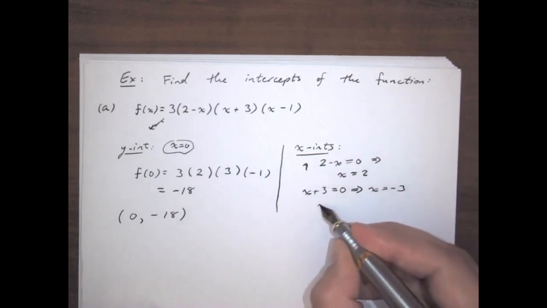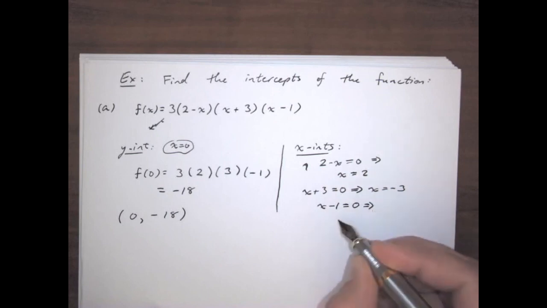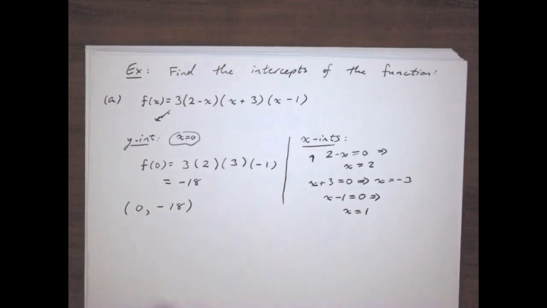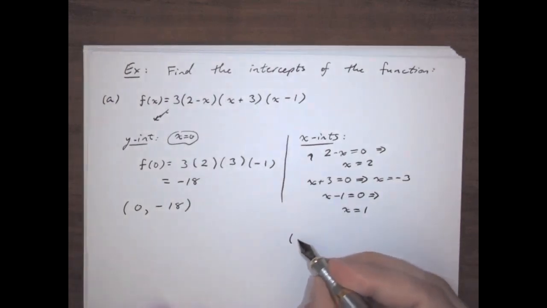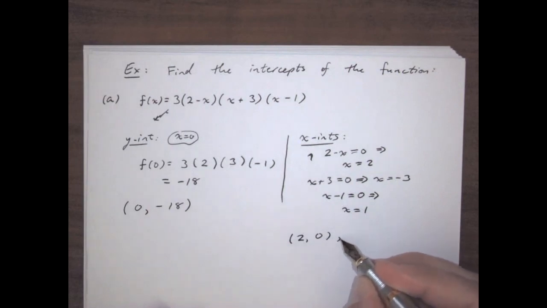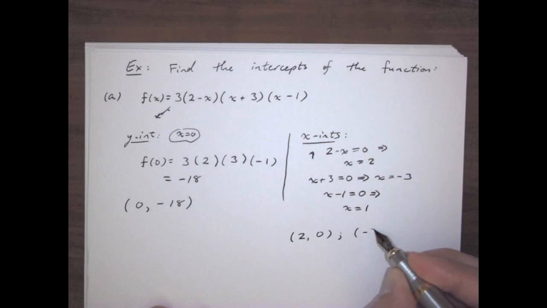We're going to have x minus 1 equals 0, which leads us to x equals 1. So then the different coordinates we're talking about here are going to be 2, 0. We're going to have negative 3, 0. And we're going to have 1, 0.